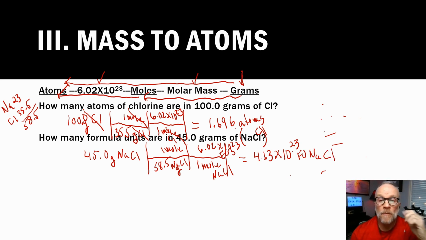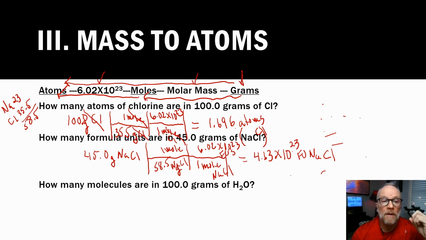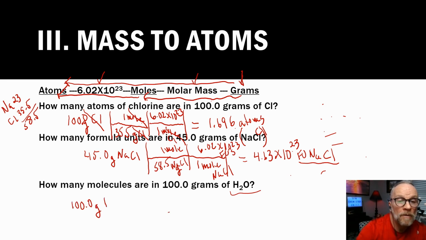Okay, very good. How many molecules are in 100 grams of water? Okay, so formula units are for ionic compounds. Molecules are for covalent compounds. So we have 100 grams of high quality H2O, as the water boy would say. Grams of H2O per 1 mole of the same.